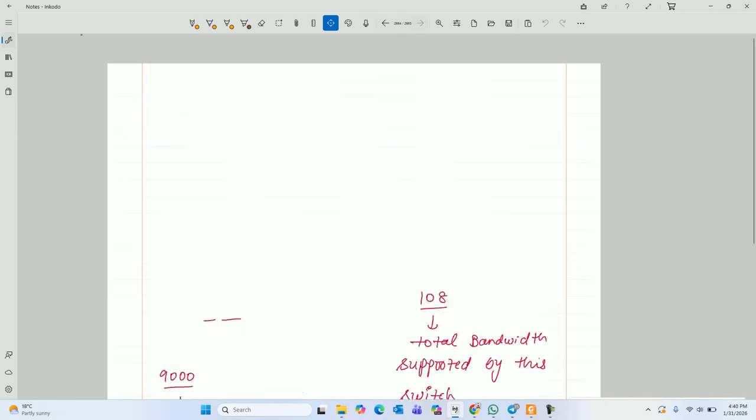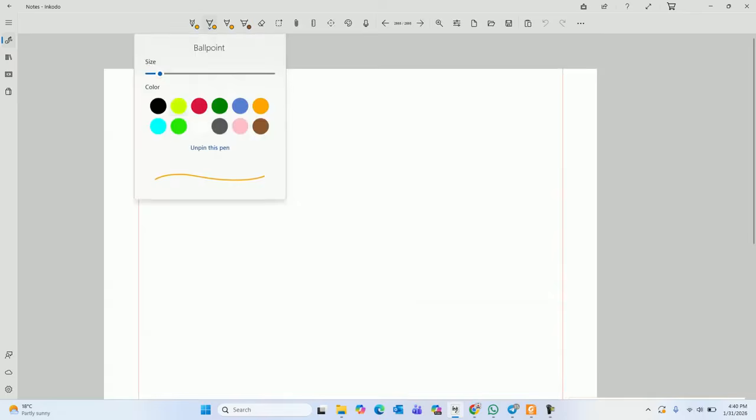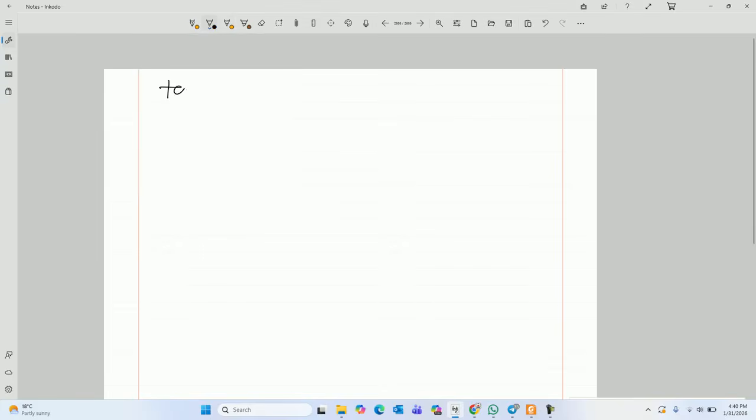Yeah, they call it taxonomy actually. The taxonomy of this, that's the word used here. That's how we got this name.